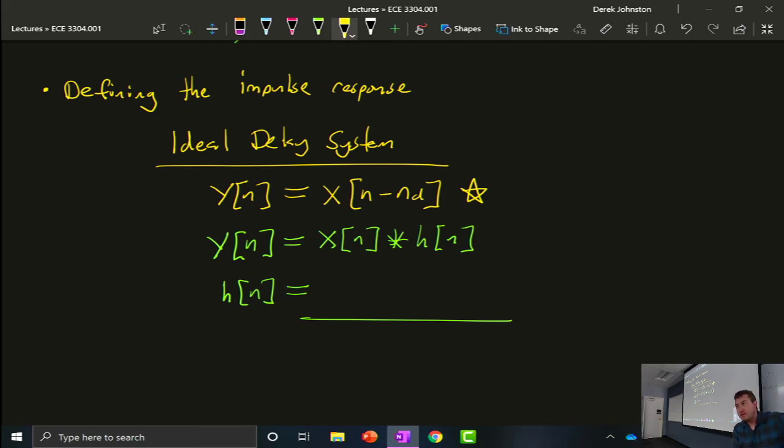Here's the third hint. We already have x of n in our definition, right? Which means our h of n no longer has anything to do with x.